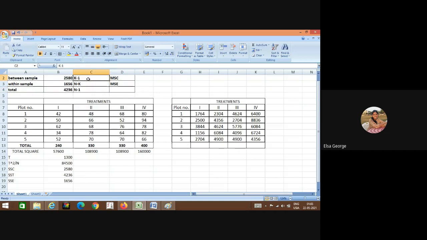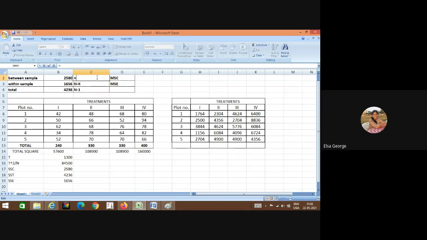Now K minus 1, and N and K. K stands for the number of groups that we have. So it is 4, and 4 minus 1 is 3, right?